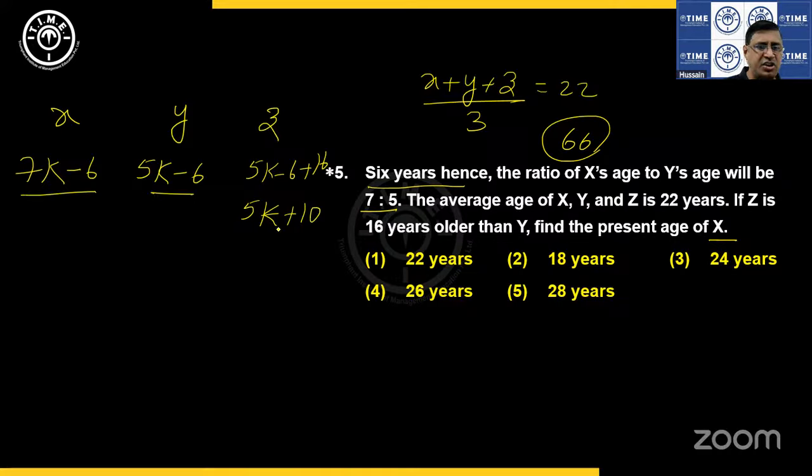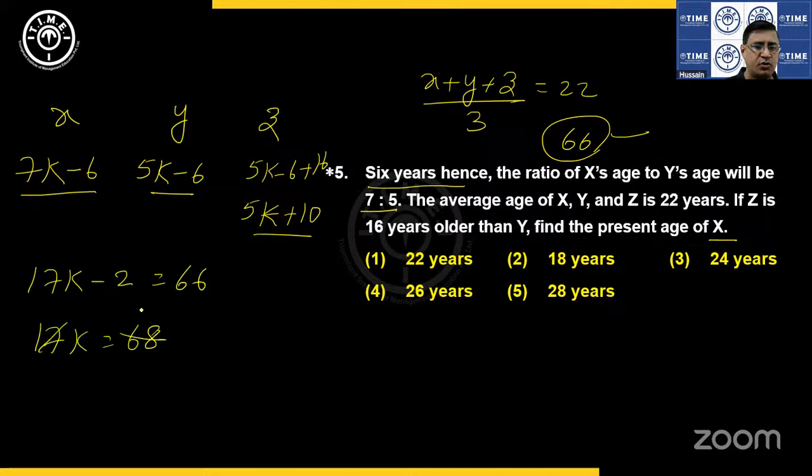Sum of these three values is equal to 66. 5k plus 5k plus 7k, that is 17k, minus 6 plus 10, so minus 2 is equal to 66. 17k is equal to 68.